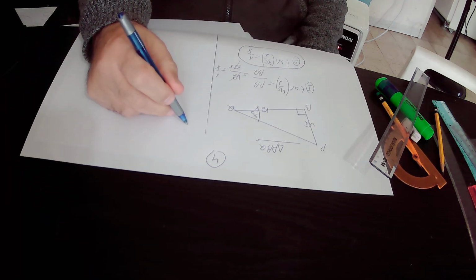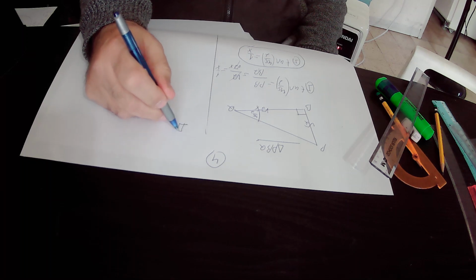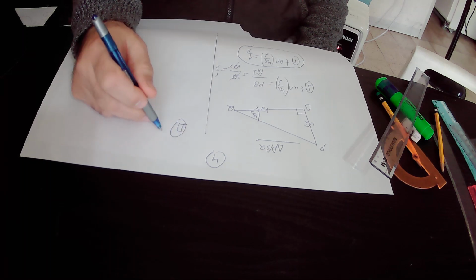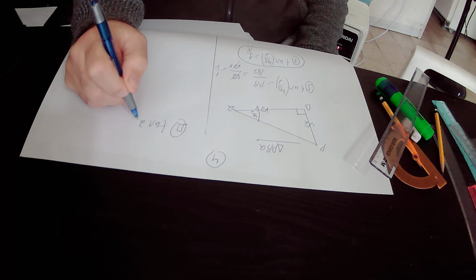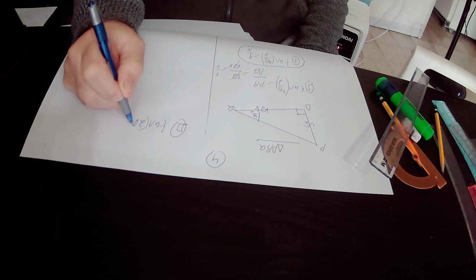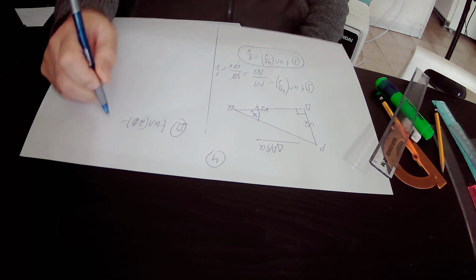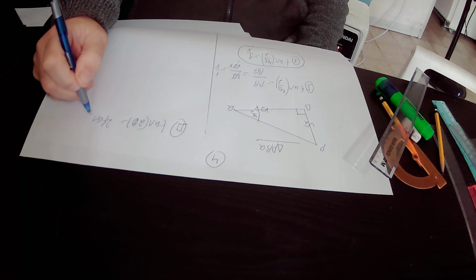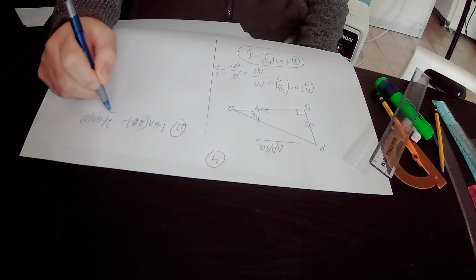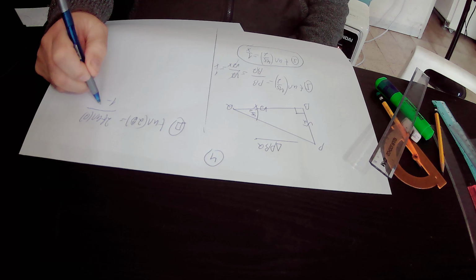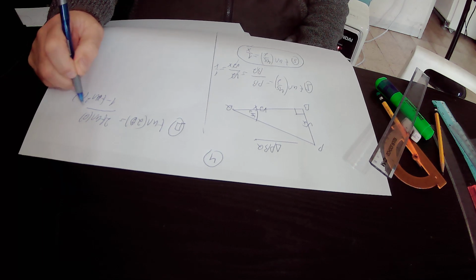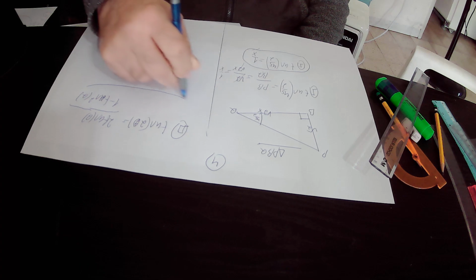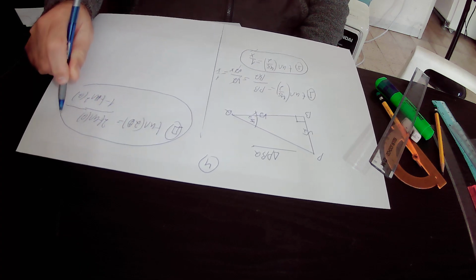And we also have the trigonometric identity: the tangent of 2 theta equals 2 tangent theta over 1 minus tangent squared theta. Okay.